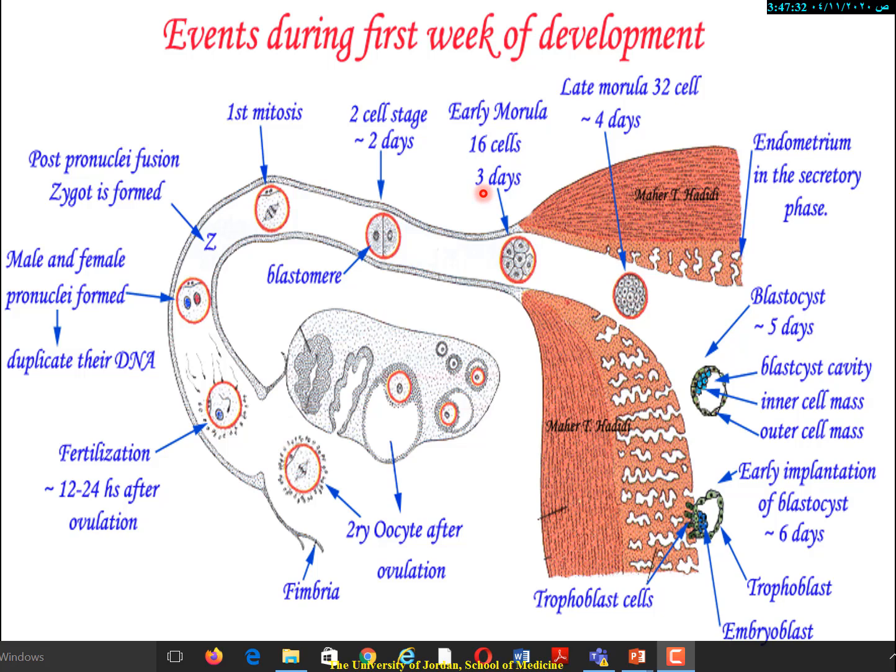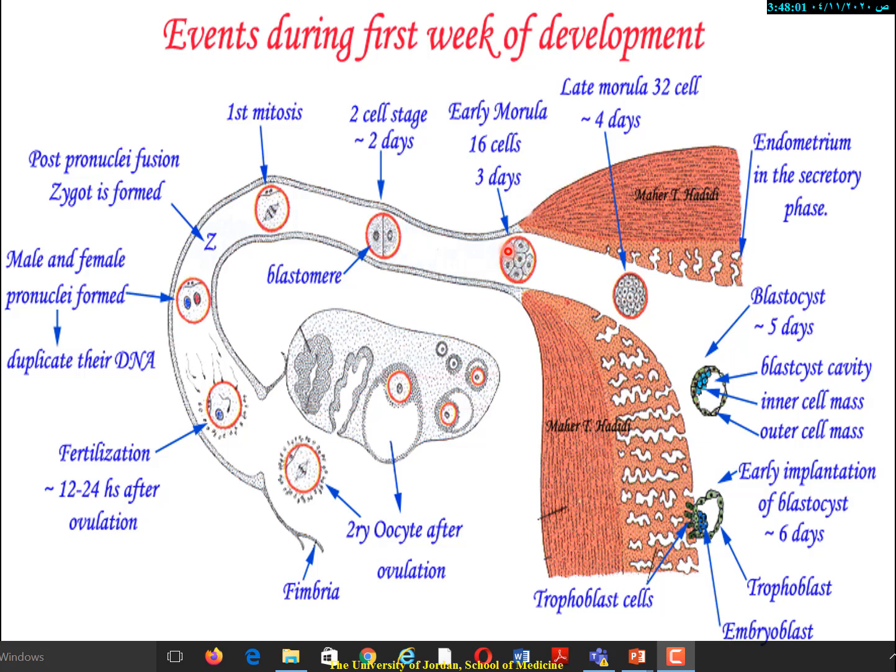This is the age of the embryo, 3 days only, which should be parallel to day 14, 15th, plus 3 days, that would be day 19, plus minus here, of the menstrual cycle. So we keep talking about two different things, the age of the embryo itself and the time of the menstrual cycle.